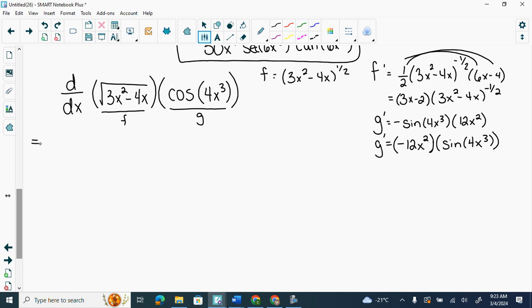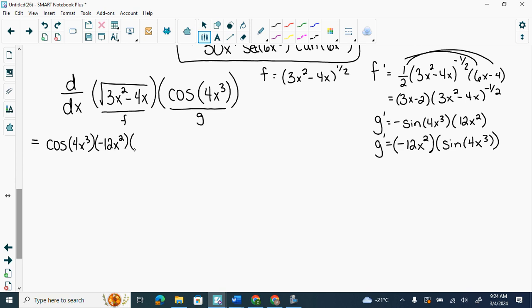When they put the d over dx in front, that just means the derivative of this, and then I go equal sign. G, which is cos 4x cubed. And I always simplify my derivatives before I plug them in. You don't want to simplify them in the middle of embedding them into something really ugly, right? So I get cos 4x cubed. G prime is negative 12x squared in a bracket, in a chain.